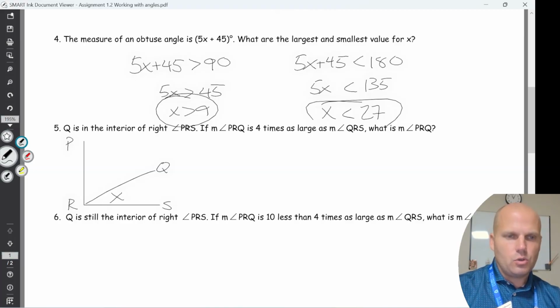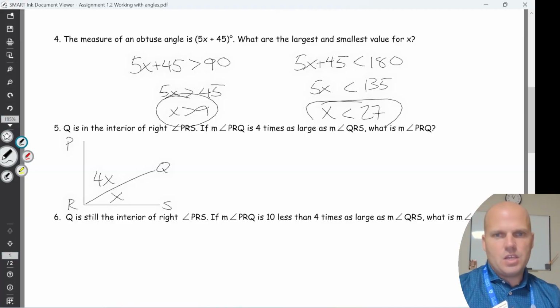Well, I'm going to label QRS as x and PRQ as 4x, and this makes sense. 4x is 4 times bigger than just x. That means that 4x plus x has to equal 90 degrees because it's a right angle. Or 5x equals 90. And what's 90 divided by 5?